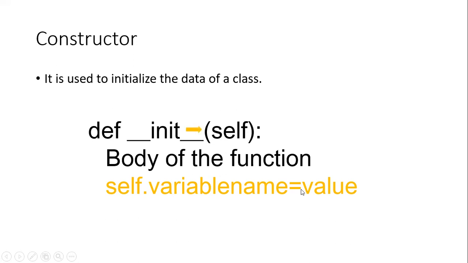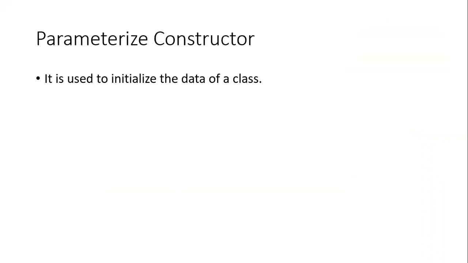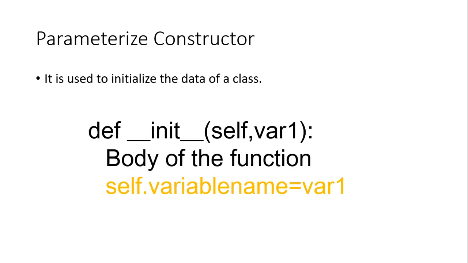So it is called the constructor. What is self? Self is the object itself. In a parameterized constructor, the only difference is you pass a number of variables over here. But self is compulsory or mandatory because self is pointing to the object of a particular class.